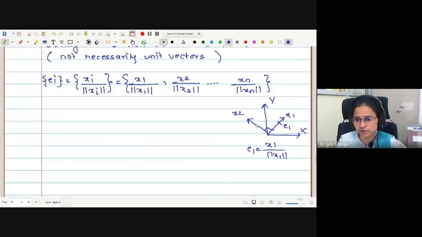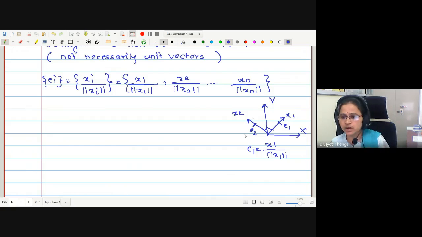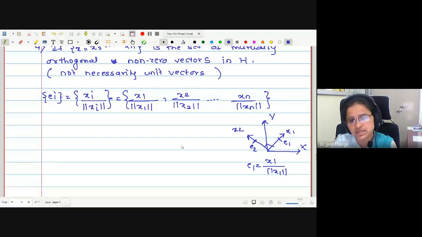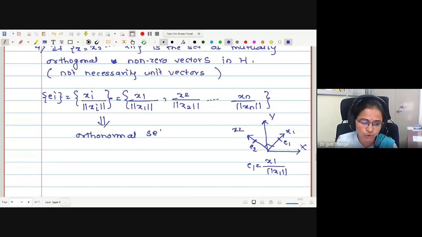Same procedure we will do for x2. Here we are dragging x2 back to E2 so that it will be a unit vector. Now just check whether there is an effect on the orthogonality of E1 and E2. No, surely not. Therefore, E1 and E2 are still orthogonal to one another. Therefore, dividing every vector by its norm does not affect the orthogonality of those vectors, and hence this becomes the orthonormal set. Correct?